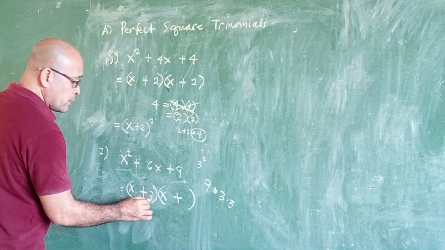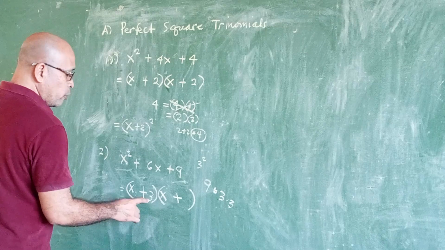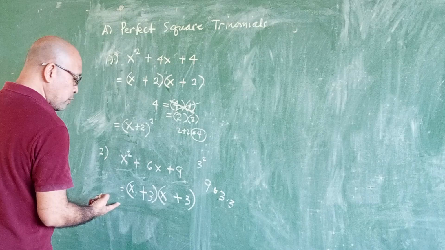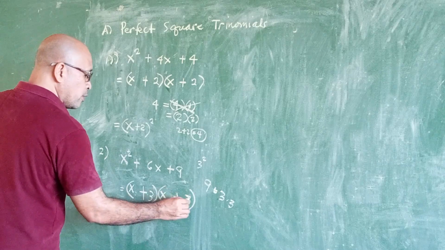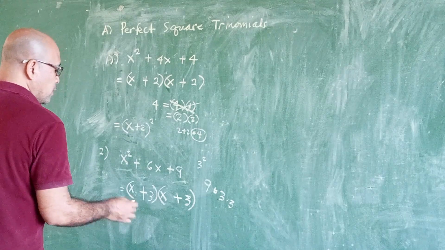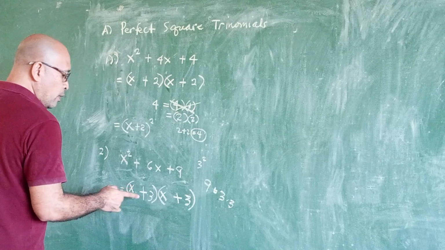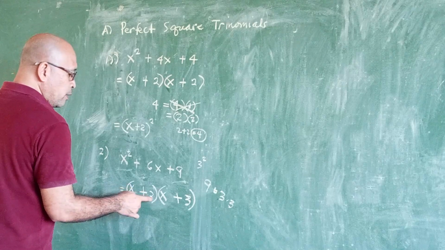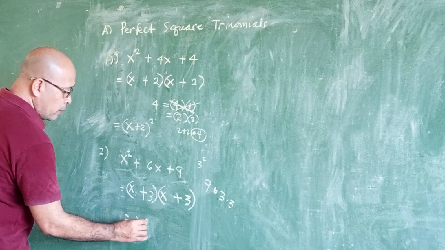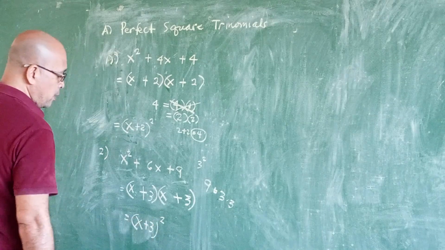And you use that one as the last term of the first binomial and the last term of the second binomial. So that's it. The factors of x squared plus 6x plus 9 are the product of x plus 3 and x plus 3, or simply the square of the quantity x plus 3.